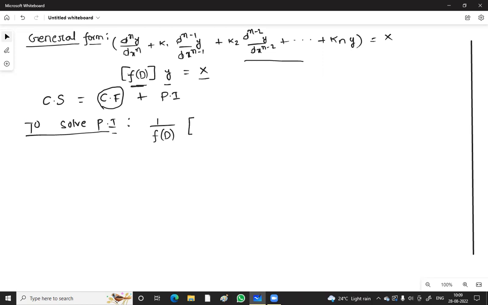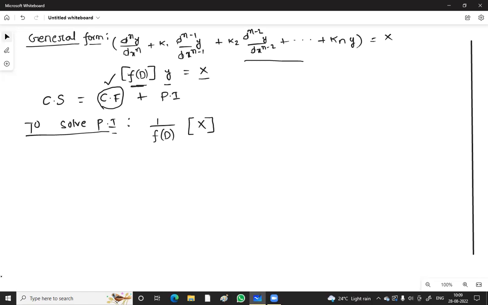You have to operate on X, because while solving complementary function, we made the input as 0. It means we made capital X as 0 and we made f of D equal to 0. Then we get some roots, and based on the type of roots, we found how to write the complementary function.